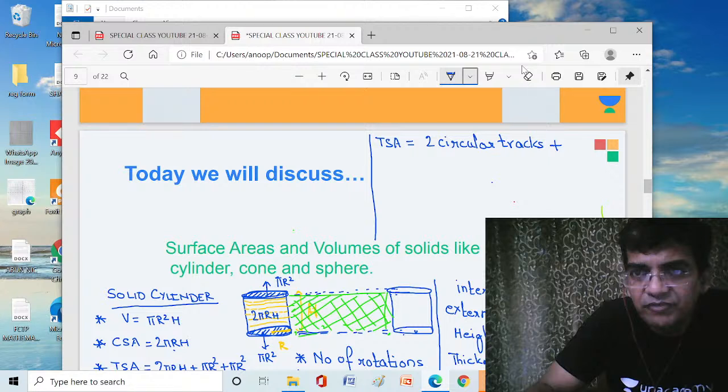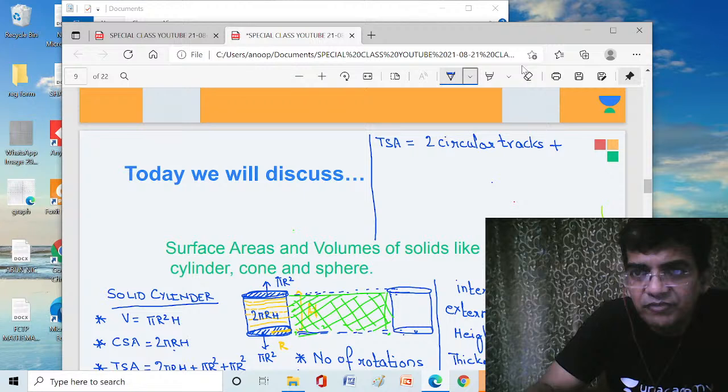You can note down, take a screenshot, or note down these formulas which we will be using in case of a cylinder, whether it's a solid cylinder, for which I have given you a few formulas, or a hollow cylinder, for which I have given you the formulas. Hope this is clear.